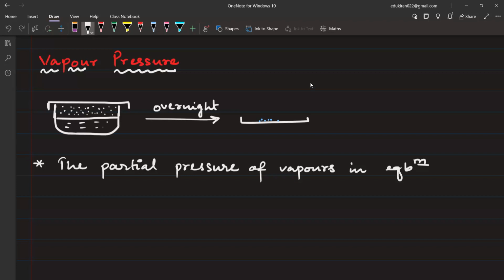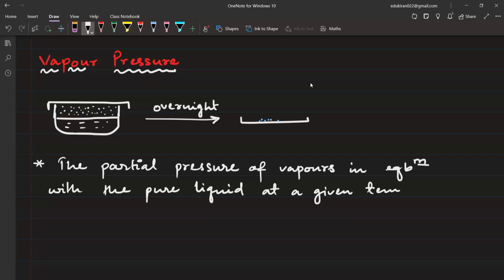So there is an equilibrium between evaporation and condensation happening at the surface of the liquid. And that is the vapor pressure of that liquid.